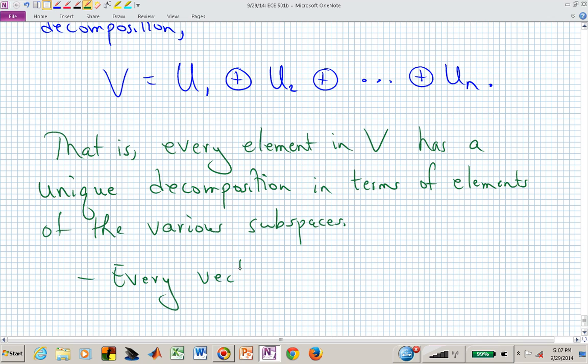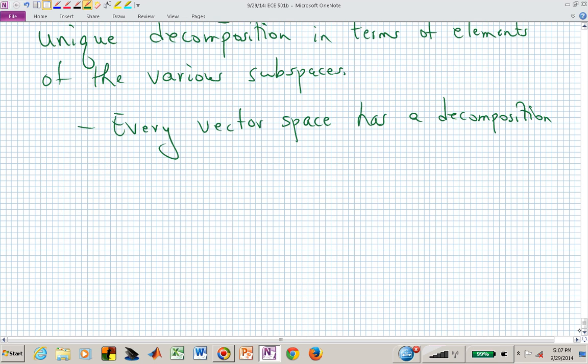And we also know that every vector space actually possesses a direct sum decomposition, or has a decomposition like this, although that decomposition might be the trivial decomposition.